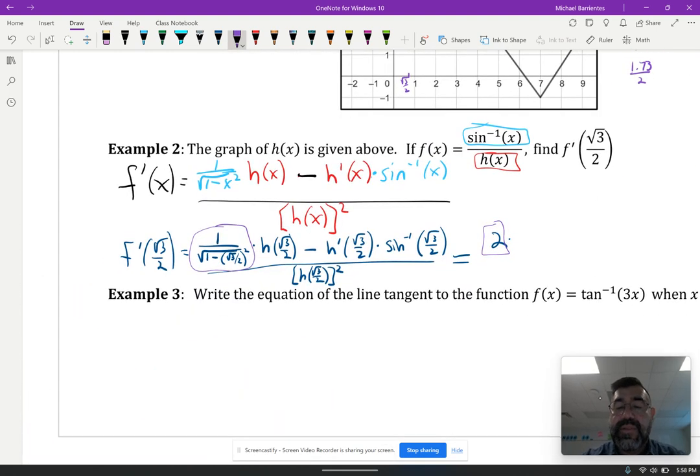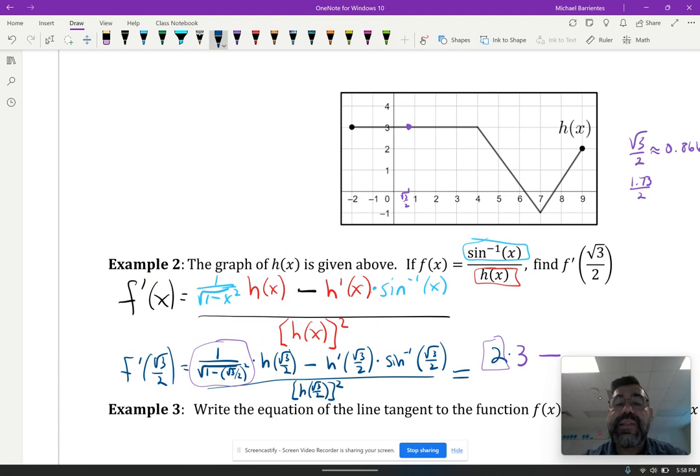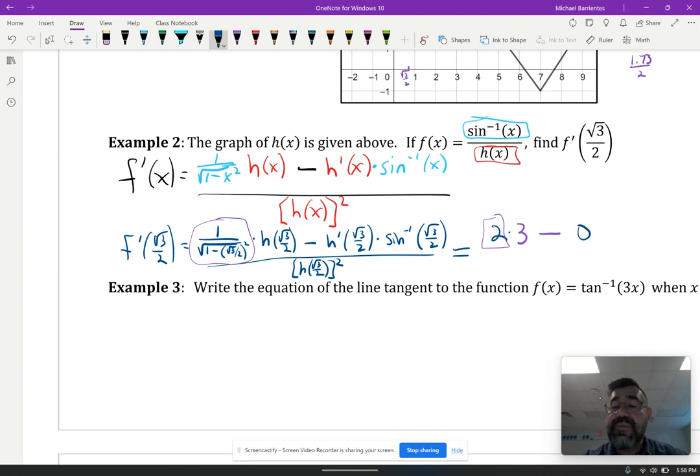So then it's times 3 minus the derivative at square root of 3 over 2. Well, the derivative at that point, this graph is flat. So the derivative is 0. And I guess it really doesn't matter what sine inverse of that is because it's going to multiply out to 0, divided by, what did we say h of square root of 3 over 2 was?